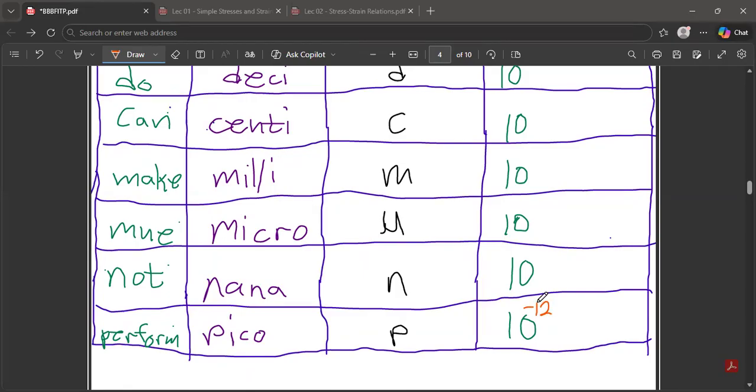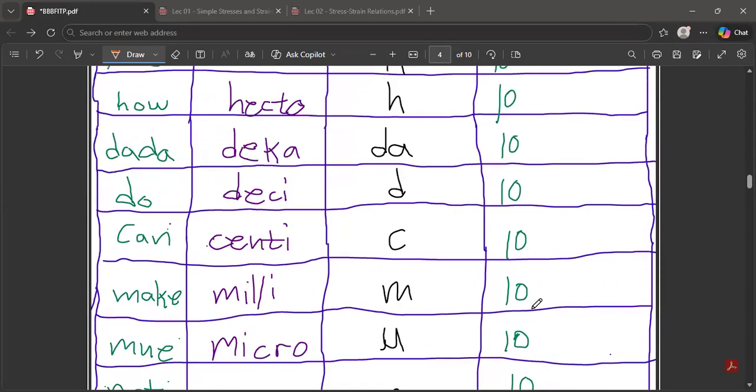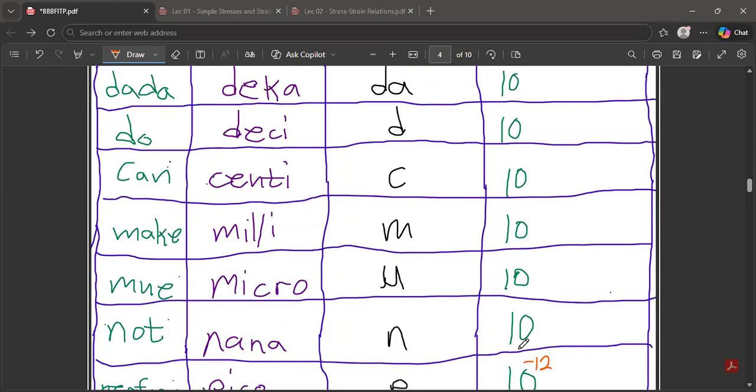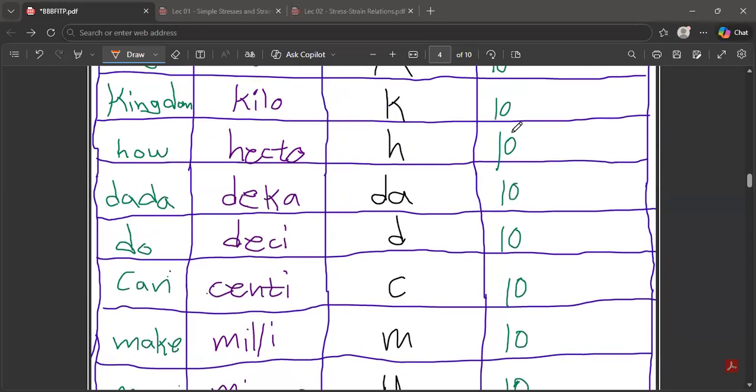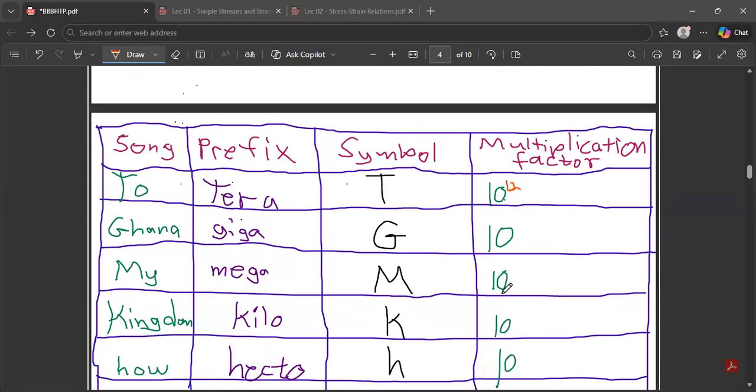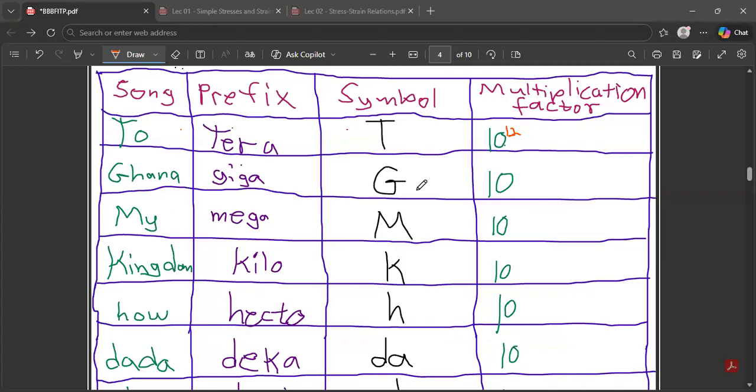From whatever I showed you initially, I told you that if you study the order, from down going to top it is increasing, but from top coming to down, it is reducing.